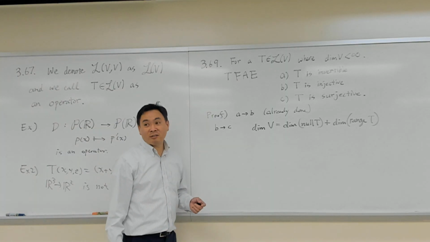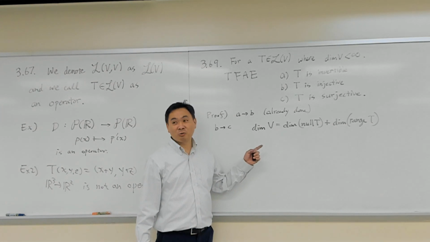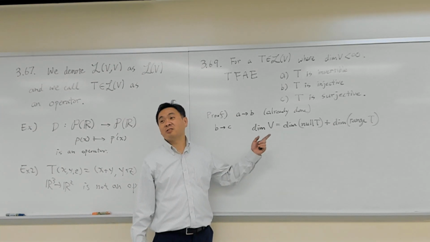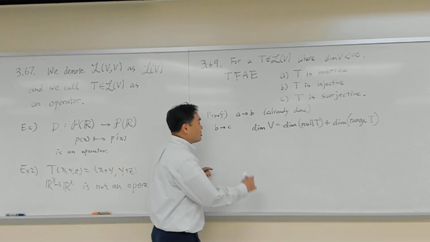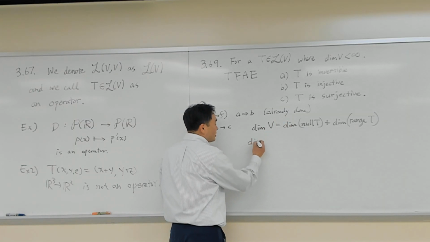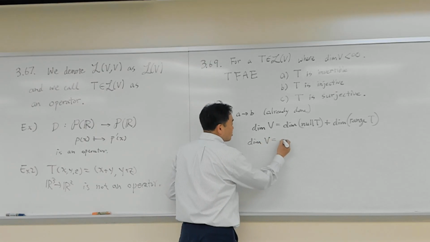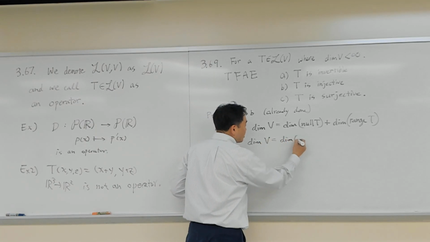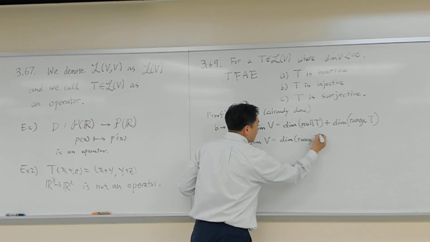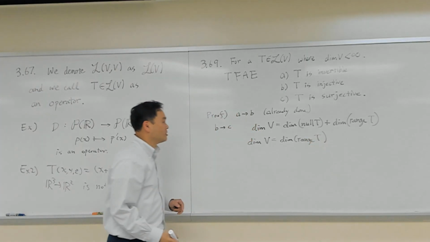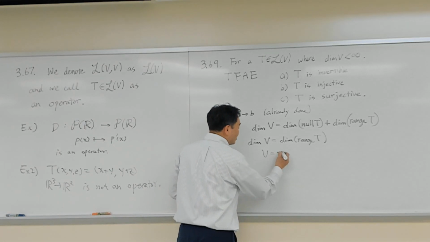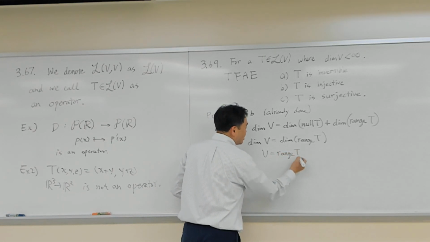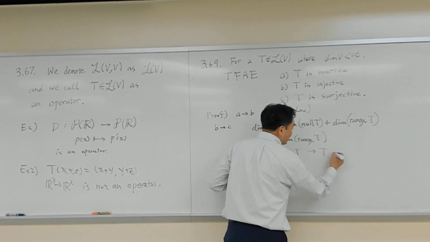Now, if it's injective, we know the nullity is 0, right? The dimension of the null space is 0, that we know. So we see that the dimension of V is equal to the dimension of the range of T. But that should mean that V is equal to the range of T, which is saying that T is surjective.